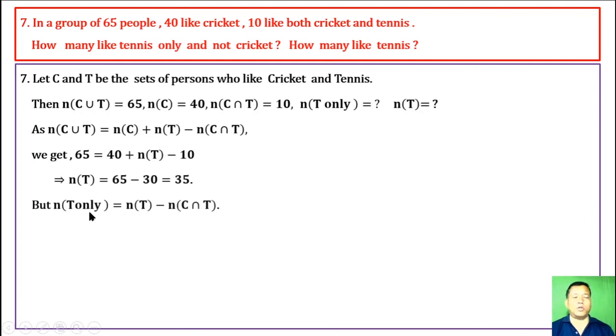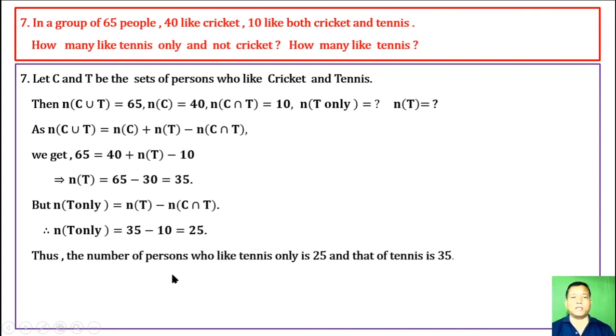But n(T only) is given by n(T) minus n(C ∩ T), which is 35 minus 10, that is 25. Therefore, n(T only) is 25.